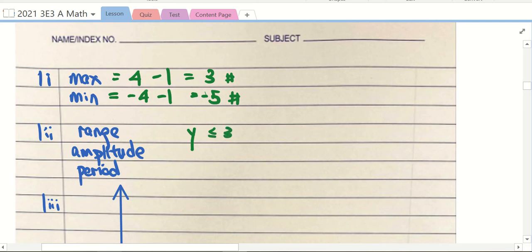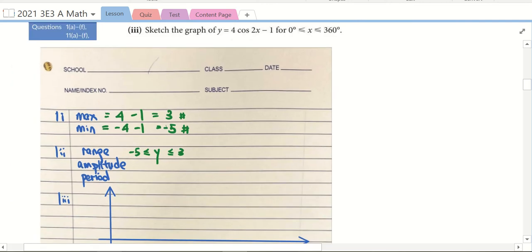It must be less than or equal to 3, but yet bigger or equal to negative 5. Can you all see? When they ask for the range, they are asking you, they hover or oscillate between what values? Maximum and minimum.